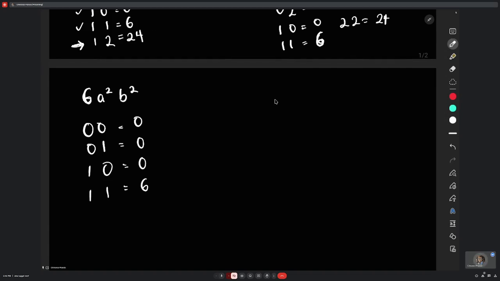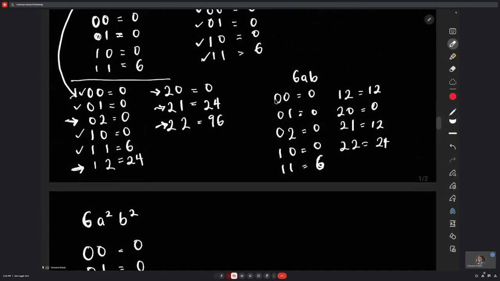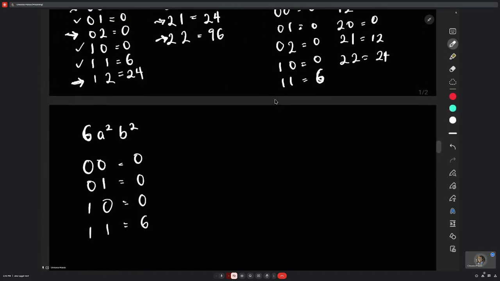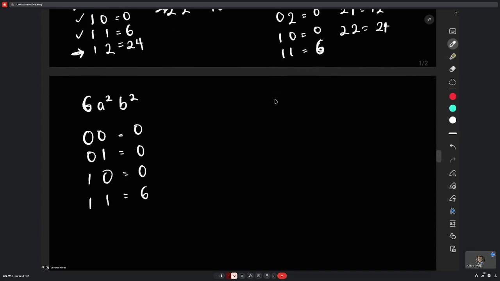So if we sum this guy over the Boolean hypercube, that's 6. In each round of the sumcheck protocol, the prover is expected to send a univariate polynomial, right? And that univariate polynomial, we can use 2 points to represent it.